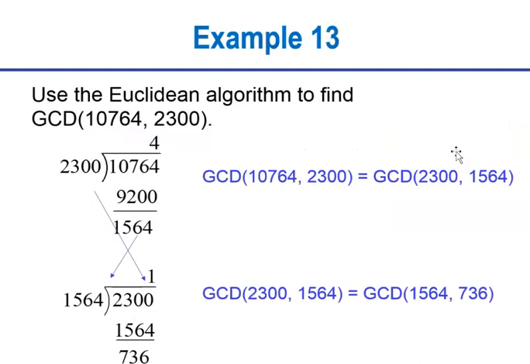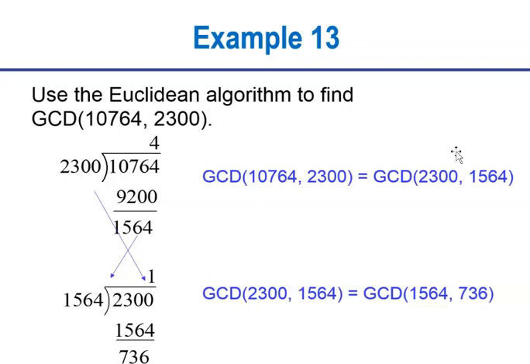So we're supposed to find the greatest common divisor for 10,764 and 2,300. And let me remind you, greatest common divisor, the ways we've done this, we did this with rods. Remember, that's good for visual examples, probably not good for big numbers. We did the listing method where we found the intersection of all common divisors and we took the largest.